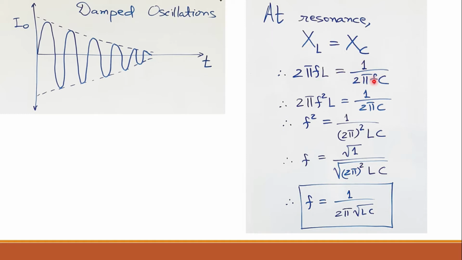So taking F to this side, 2 pi F square L is equal to 1/2 pi C. Therefore F square is equal to 1/2 pi, taking 2 pi this side again, so 2 pi square into L into C. Therefore F is equal to square root of 1 upon square root of 2 pi square L into C. And therefore you can say F is equal to 1/2 pi root LC. Why? Because square root of 1 will be equal to 1, and the square root of 2 pi square will become 2 pi, and root LC will come over here.